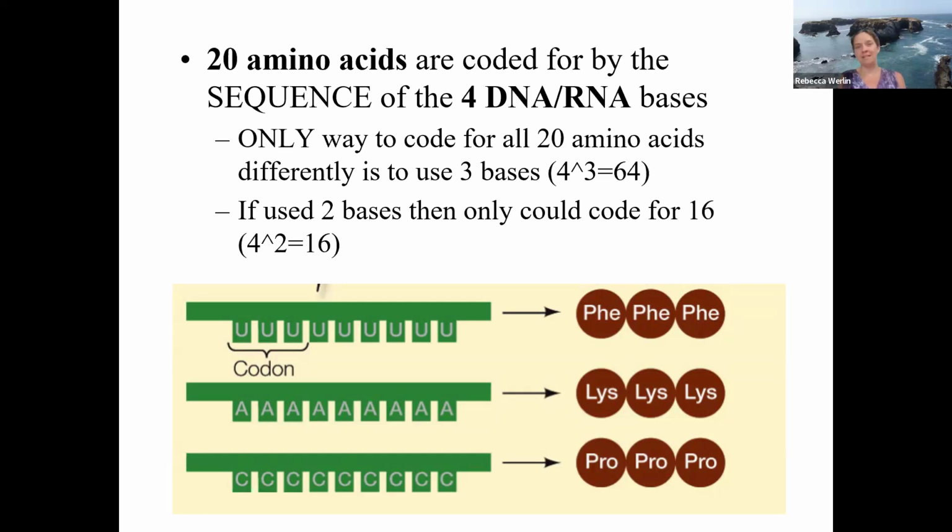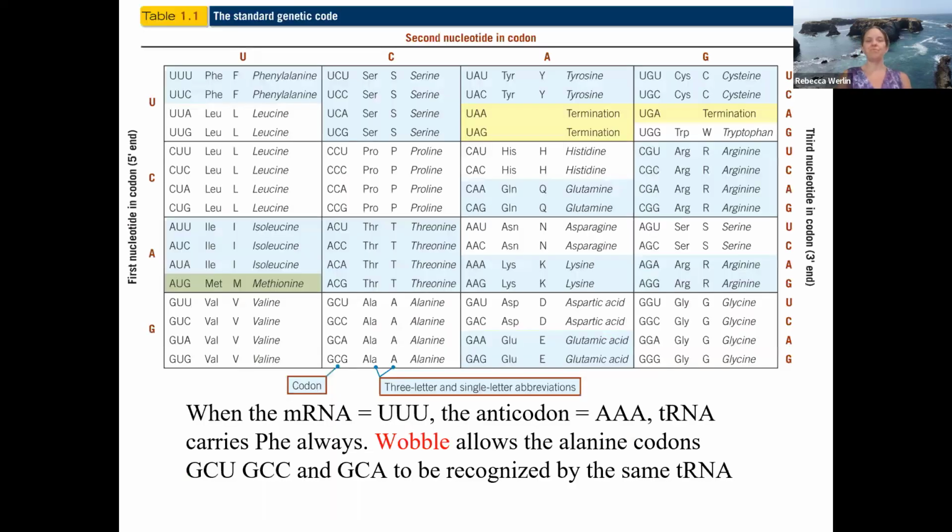You can't use only 2 bases because 4 bases in 2 potential positions gives you 16 codons, and we have 20 or more amino acids. So the only way we can code for all 20 amino acids is if we use 3 bases in a row. So the codon UUU codes for phenylalanine, the codon AAA codes for lysine, the codon CCC codes for proline.